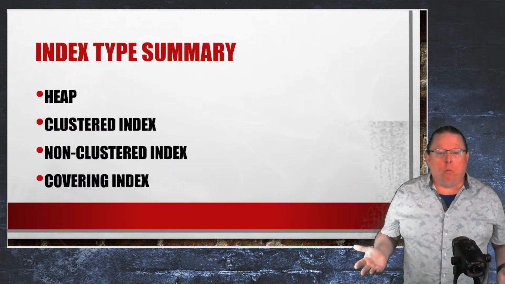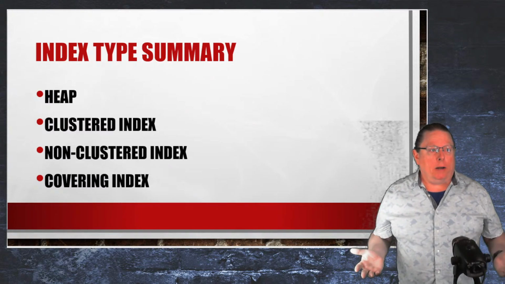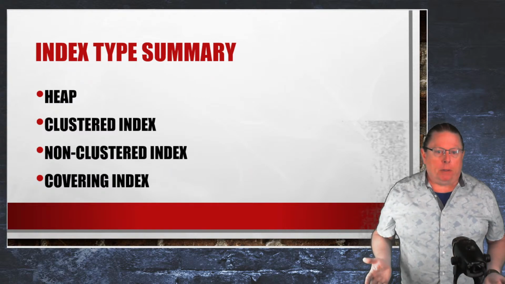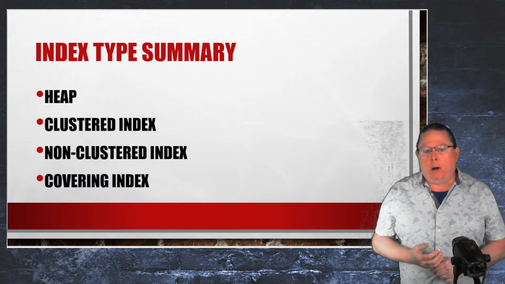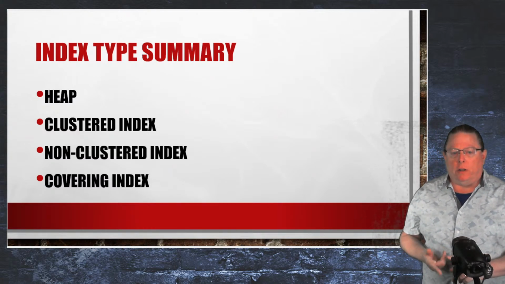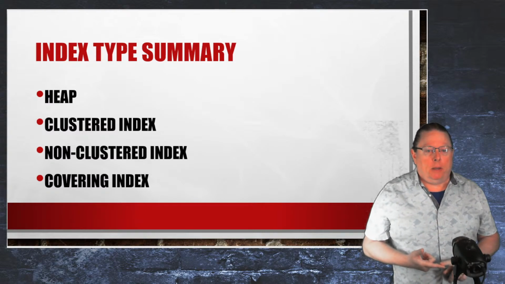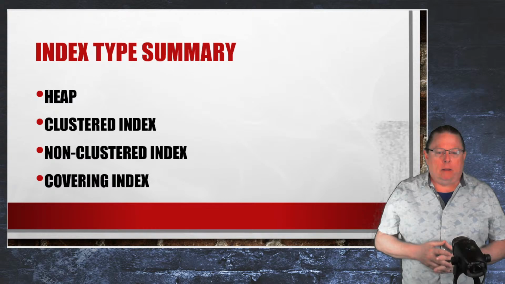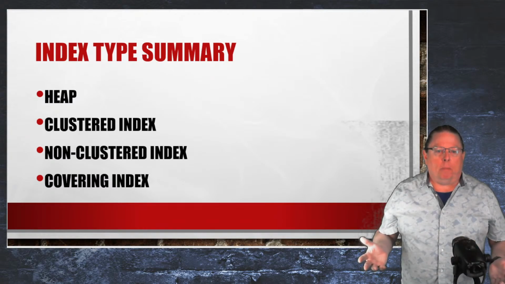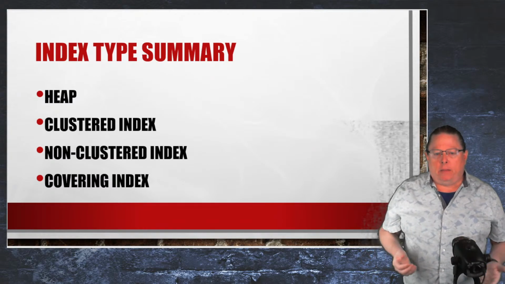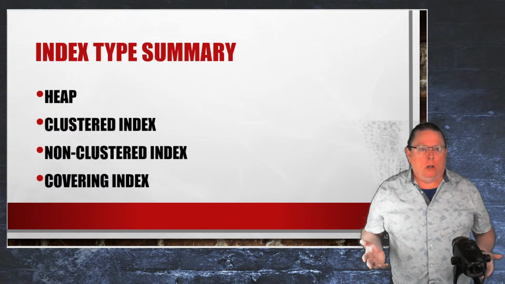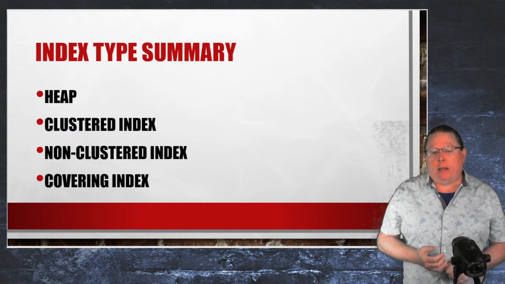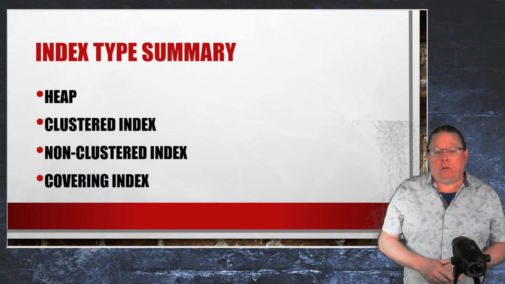A clustered index is a way of taking that heap or that random ordering of data and sorting it in a specific value that you're going to commonly search on or commonly look up on. And then we talked about non-clustered indexes. A non-clustered index is a copy of some of the columns into a different structure that's used to look up data, and then jump back to the clustered index to get the data. And then there's a covering index, where everything you need to return the query is in the non-clustered index, and it never even has to hit the table itself or the clustered index itself.